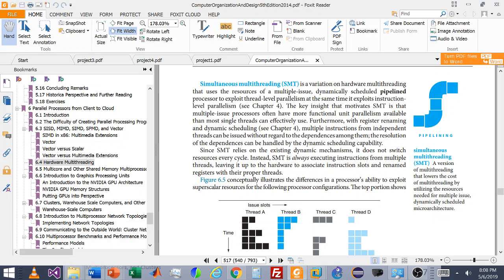Let me just read it. Since it utilizes existing data, it does not switch every resource every cycle. Instead, SMT is always executing instructions from multiple threads, leaving it up to the hardware to associate instruction slots and renamed registers with their proper threads. So, as you could guess, we're adding an additional management requirement here, but we're implementing it at the hardware level. So if done well, it's really not a loss.